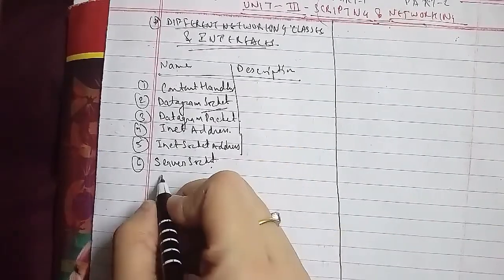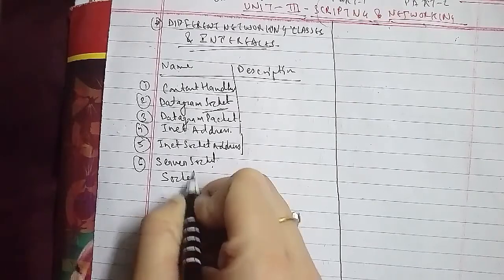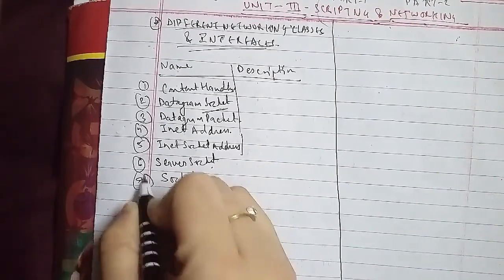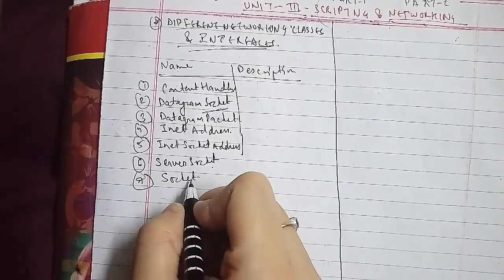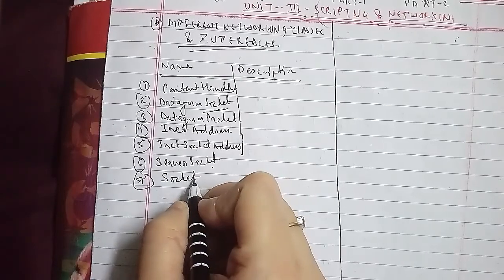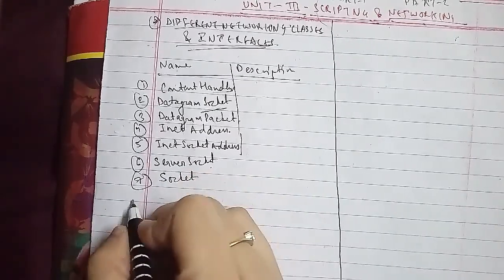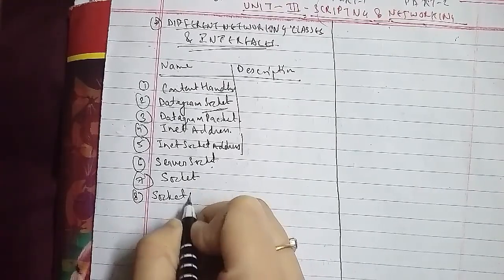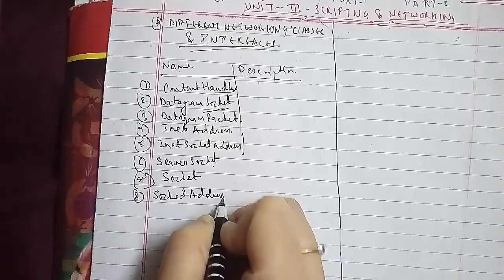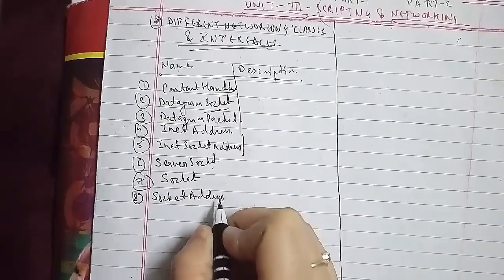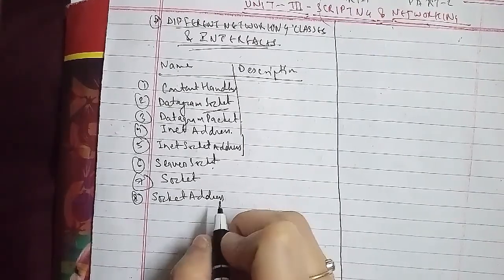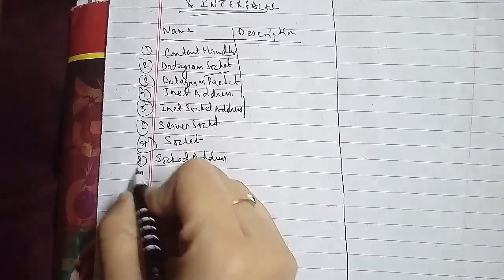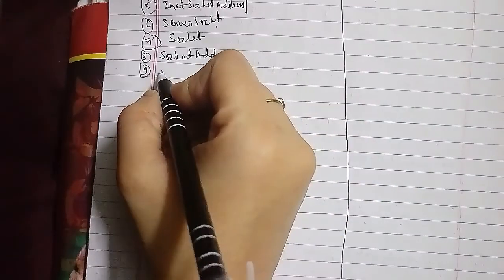Now we will discuss another one, the eighth type, that is SocketAddress. This class helps to represent the socket address without specification of protocol. Now the ninth one, after SocketAddress, is URL. This class is for creating a reference to a uniform resource locator, which points to the WWW, that is, World Wide Web.